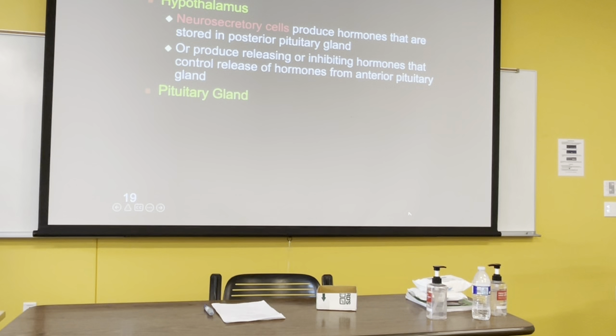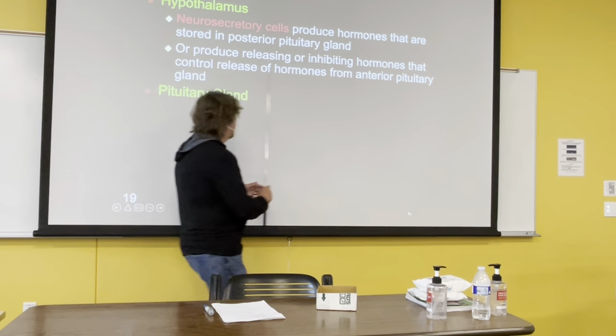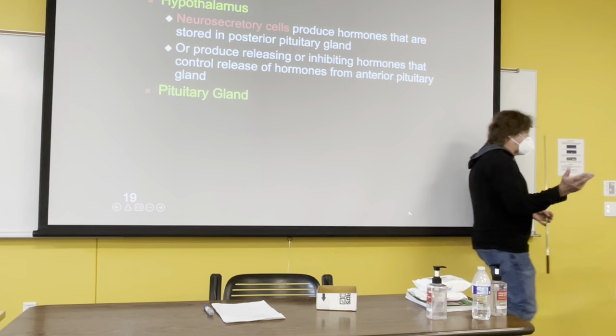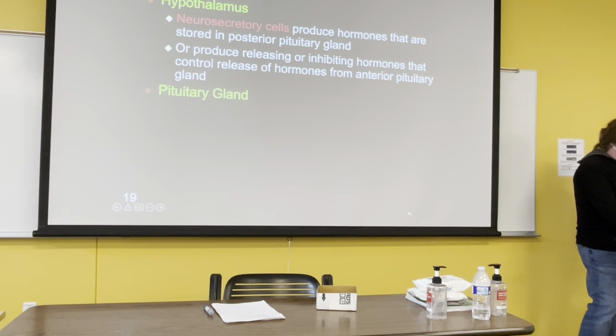The anterior pituitary, however, makes a lot of its own hormones, but the hypothalamus still controls the release of those hormones that happen to be in the anterior pituitary. So those are called releasing factors and inhibiting factors, or releasing hormones, inhibiting hormones.